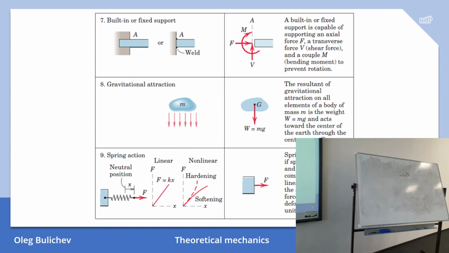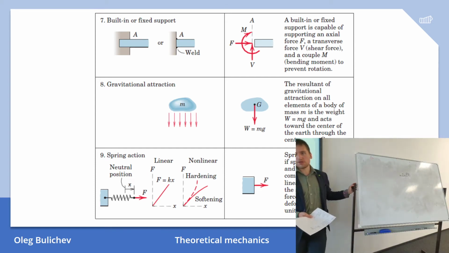So, gravitational attraction and spring. Actually, today in my linear algebra class we had a question: do you know the difference between center of gravity, center of mass, and also geometrical center? And what is the application for this?